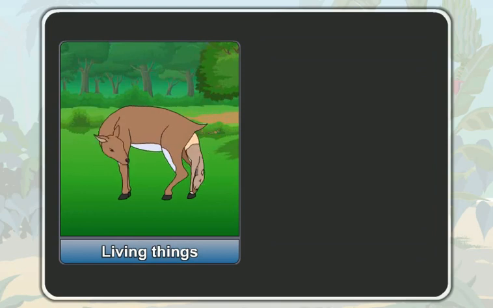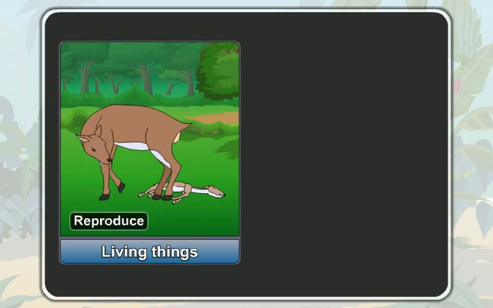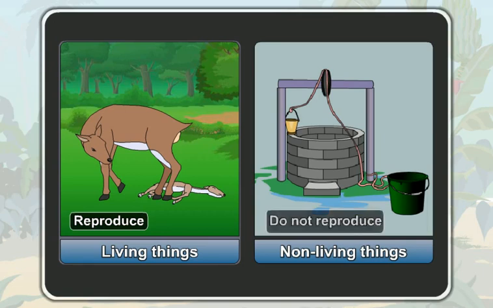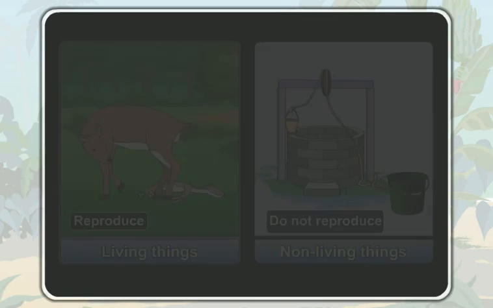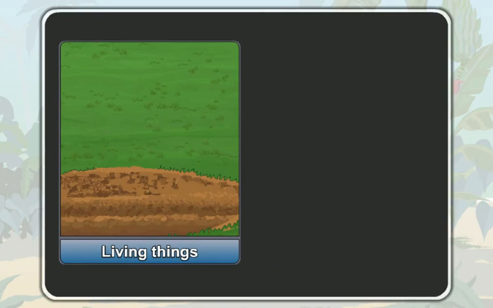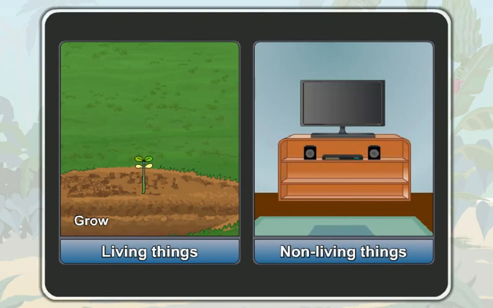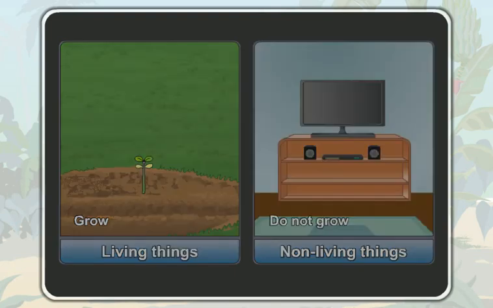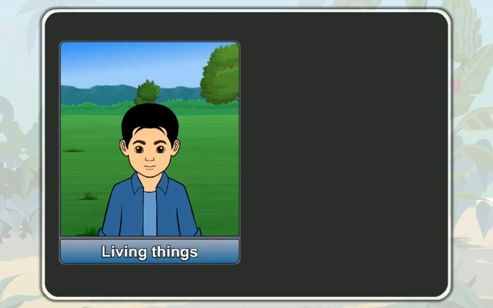Living things reproduce. Non-living things do not reproduce. Living things grow. Non-living things do not grow. Living things breathe.